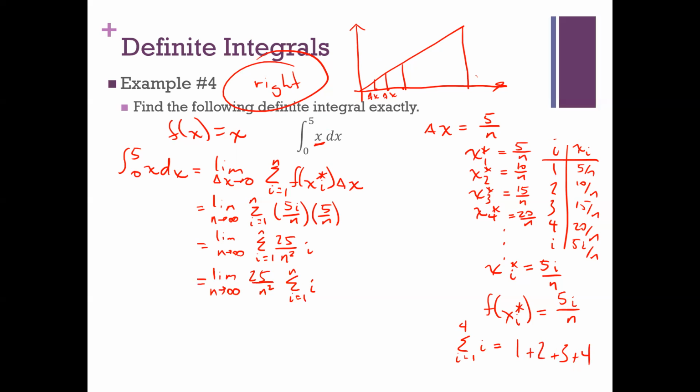Last time I gave you a formula, which I don't necessarily need you to remember, for what happens when I add the first n numbers together. So I'm going to use that and just replace the summation notation. I know that when I add up the first n numbers, no matter what n is, I get n times n plus 1 over 2. Is this a limit that I can find?